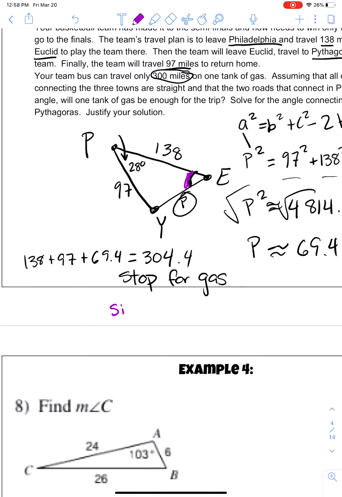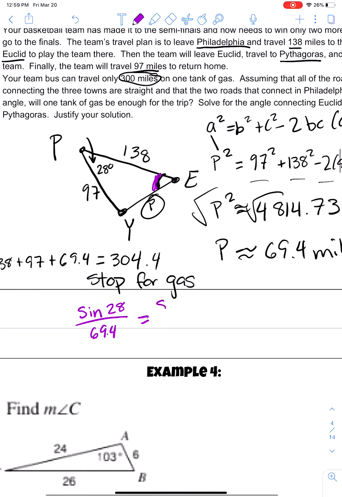So I'm going to do sine of 28 divided by that side we just solved for, 69.4. I'm going to set that equal to the sine of E, what I want to solve for, divided by 97, which is the side opposite angle E. So then we're going to cross multiply, and we are going to solve for that angle E there.